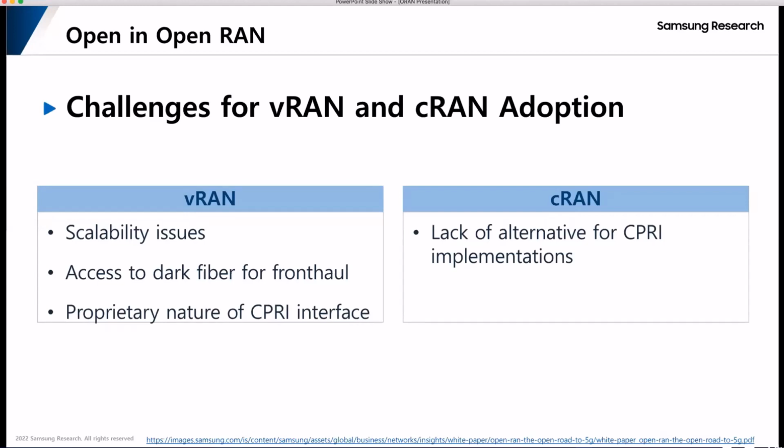This dark fiber can also be relatively hard to acquire. In addition, both vRAN and CRAN have a limited number of alternatives for some interfaces, such as the CPRI, or Common Public Radio Interface. This is also an interface between the BBU and the radio units.